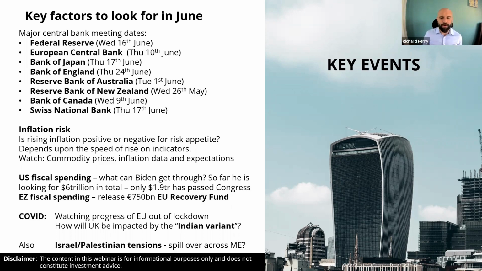Now, how markets have been reacting to really quite significantly rising inflation expectations and inflation indicators has been one of the key themes in the last month. This growing inflation risk is a really important factor.